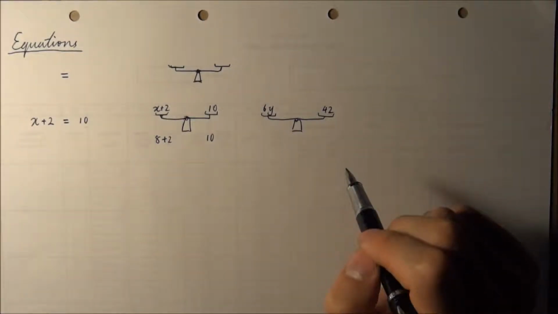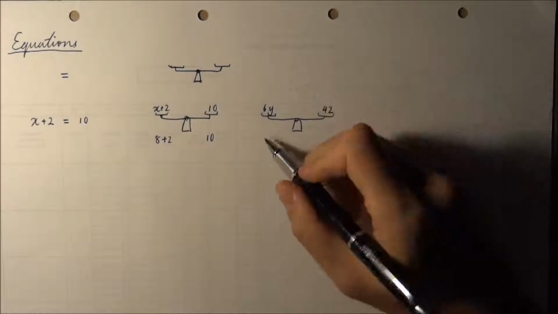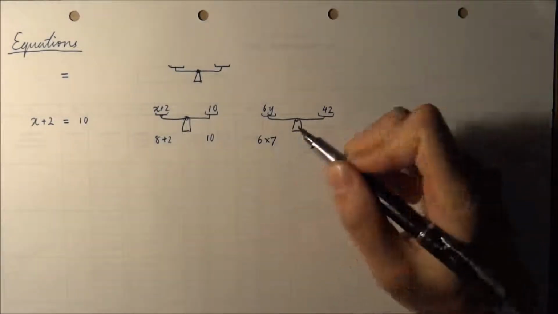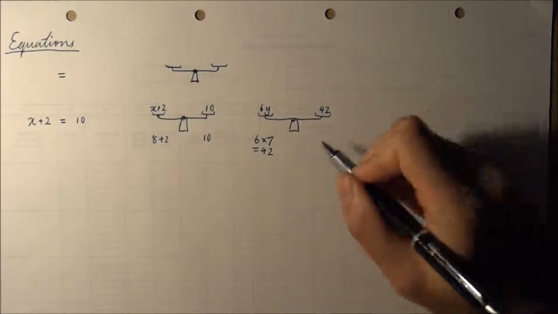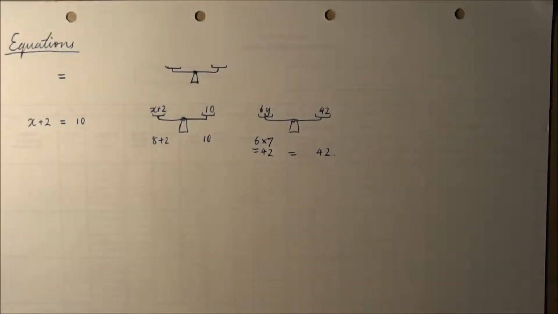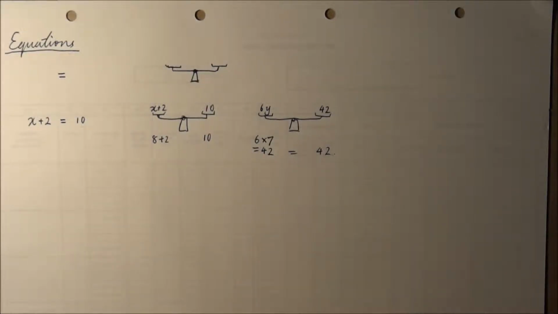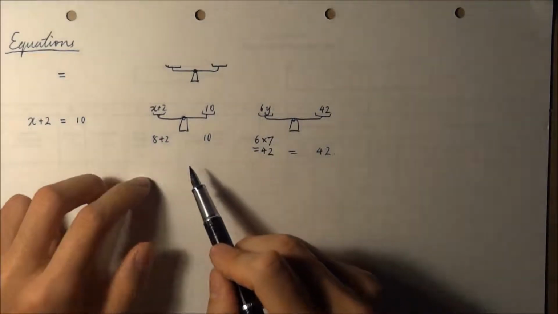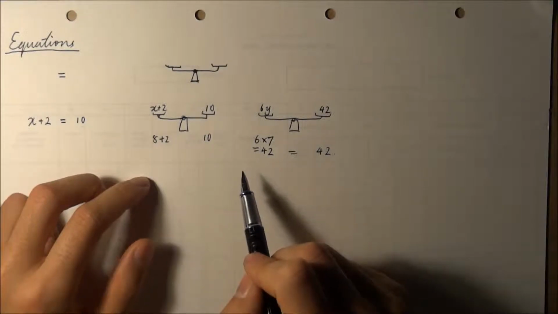Because only when y equals 7, we will have 6 times 7, which is 42, equivalent to the 42 on the other side. Of course, these are pretty simple examples where we can just guess what the pronumeral is, because they are very straightforward, involving simple addition and multiplication.